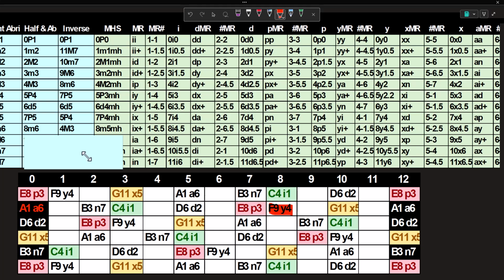Okay, so what's the inverse? I can go 12 minus 8, which would be 4, which would be a major third. So the inverse of a minor is a major. Now again, that usually means that I'm going to go forward 4 around the circle. But I can see if I'm going from here back to here, I'm actually going negative 8 distance-wise, which is why I would start to remember that a major third could be a 4 note away forward, but it can also be a negative.